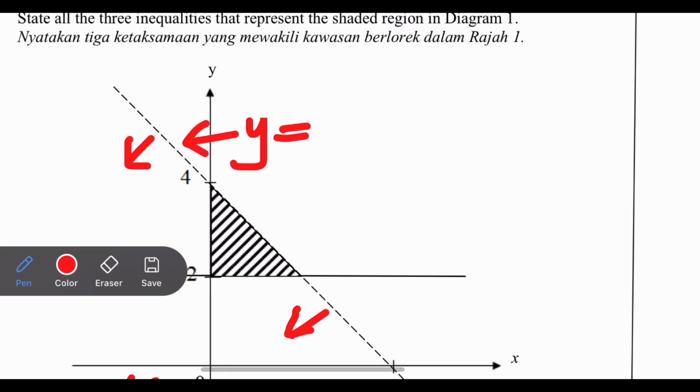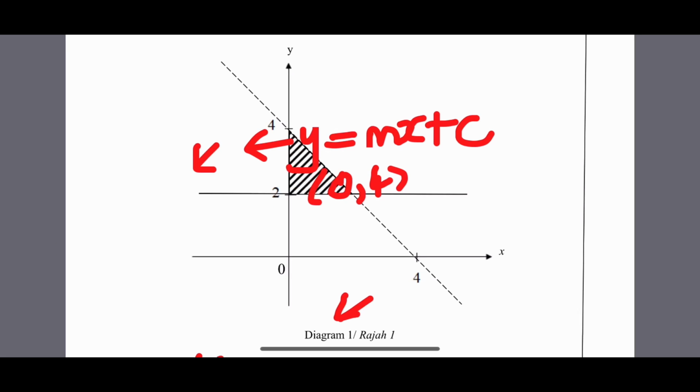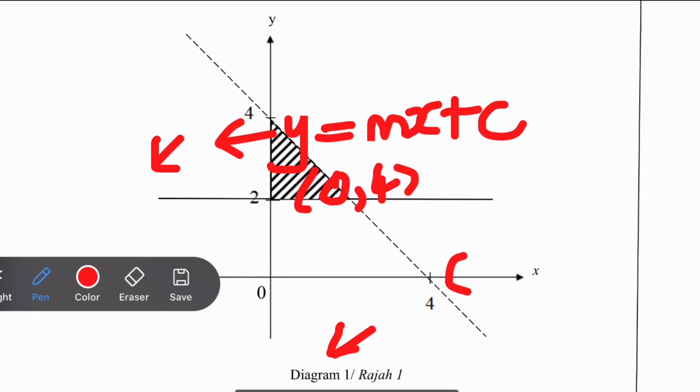In order to find the equation, the important formula is y equals mx plus c. You can see there is a c there, so you can convert to a point, (0, 4). We have another point, which is (4, 0).